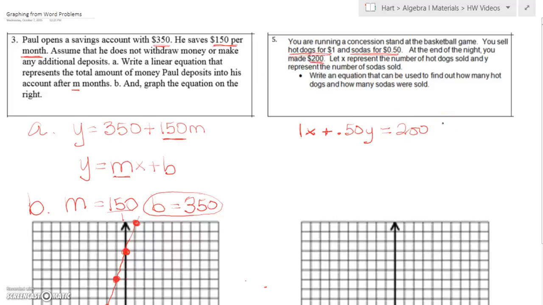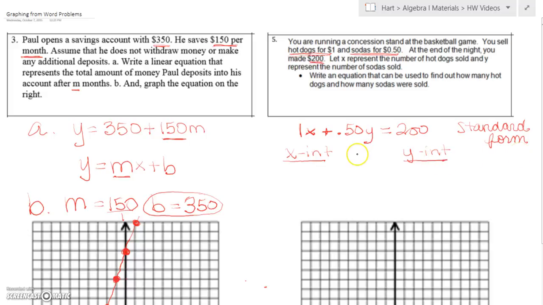Okay, and then since we have to graph it, if it's ever an equation that looks like this, which is called standard form, then that's when you want to find your x-intercept and your y-intercept. That's the easiest way to graph it from this form.